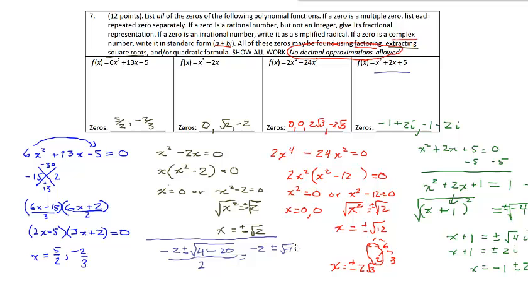Over 2. Well, this is negative 2 plus or minus 4i over 2. Simplifying all this out, negative 1 plus or minus 2i.